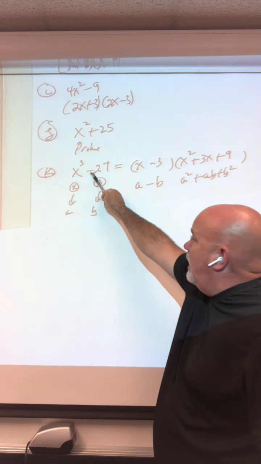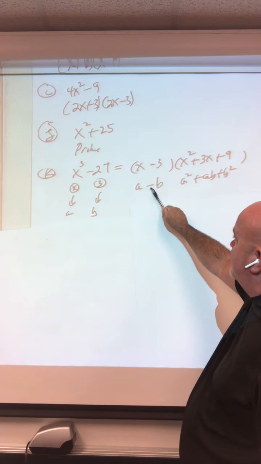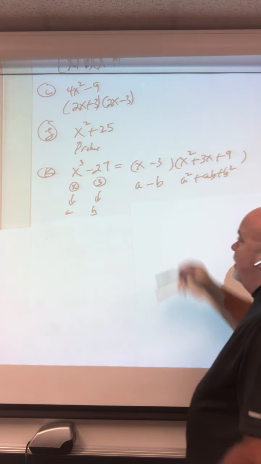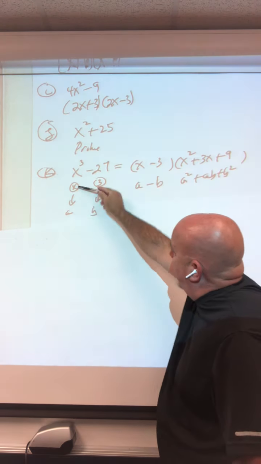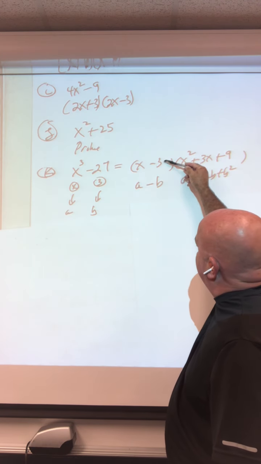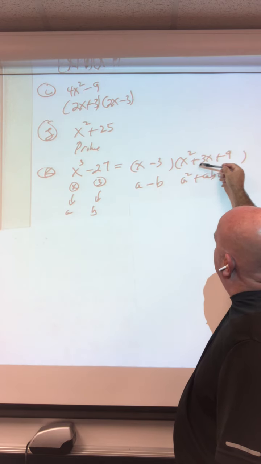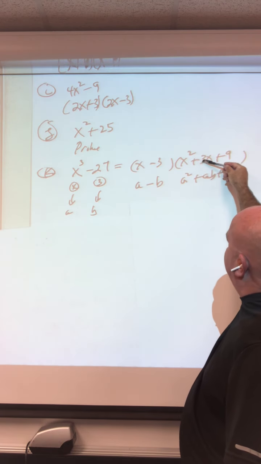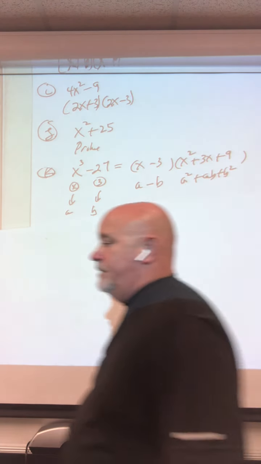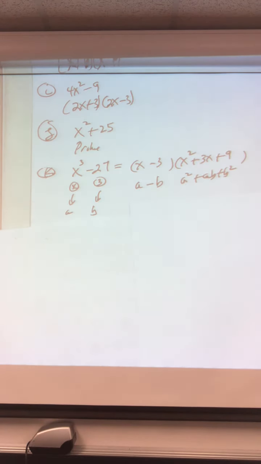Remember, if this was a plus, this would be a plus, and that would be a minus. But everything else would be the same. So wherever you have an A, put an X. Wherever you have a B, put a 3. So it's X minus 3, X squared, X times 3, which is 3X, and then 3 squared, which is 9. And I told you that sum and difference of cubes only factors one time.